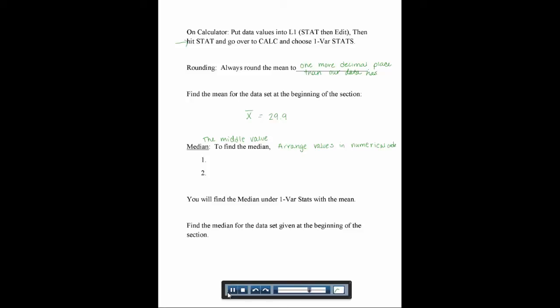Once they're in order, if n is odd, then you take the middle value. For example, if you had 9 data values, lined up, you would take the 5th one, because there would be 4 before it and 4 after it.